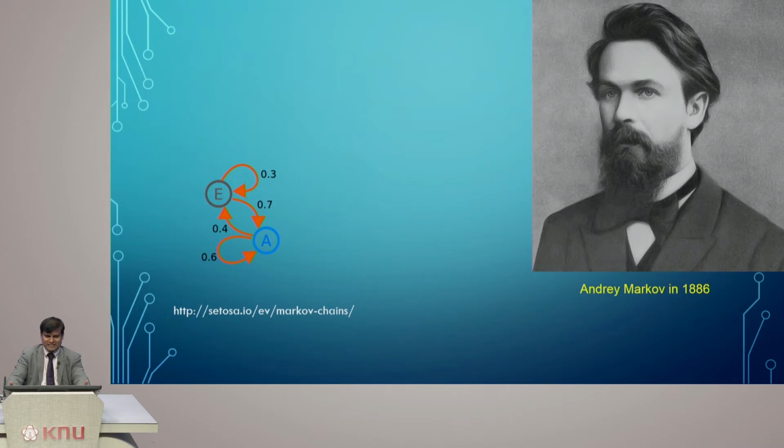Whoever is in England, the probability of staying in England is 0.3, and the probability that he will move to America is 0.7. It's a simple observation, but in real time a lot of applications have been developed.